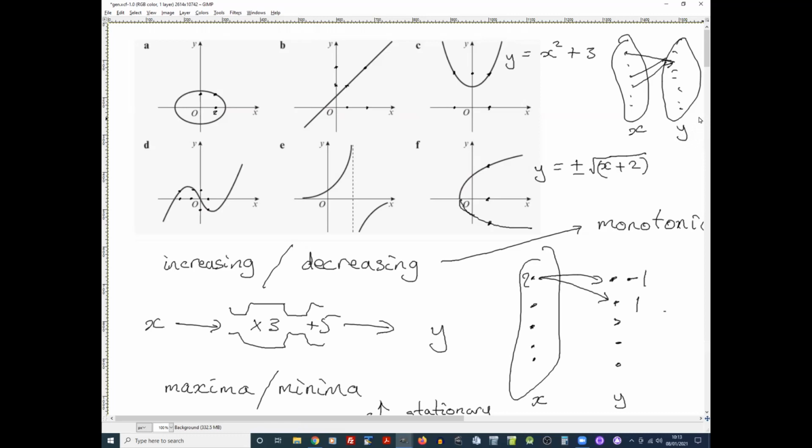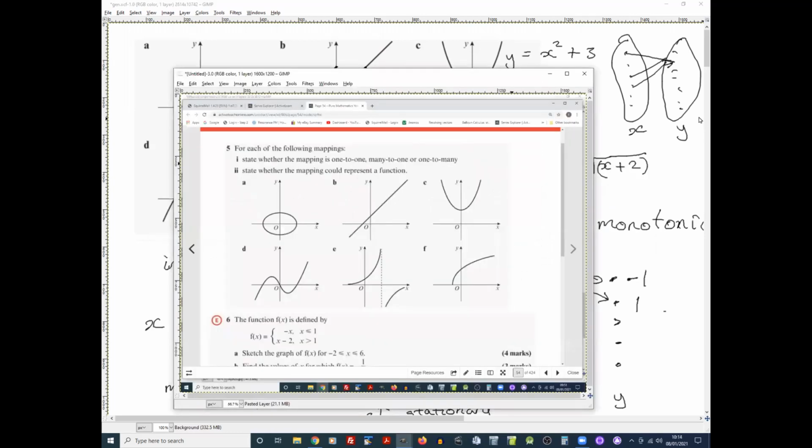That would be C and D. Just C and D. Well done. One to many is which graphs? It's just going to be A. And that just leaves one to one, being B, E, and F. So that's all sorted out, and we can answer part B now, or part 2 of the question.